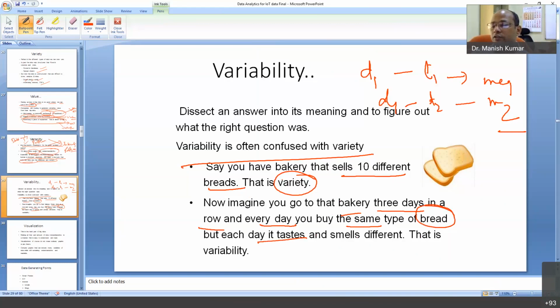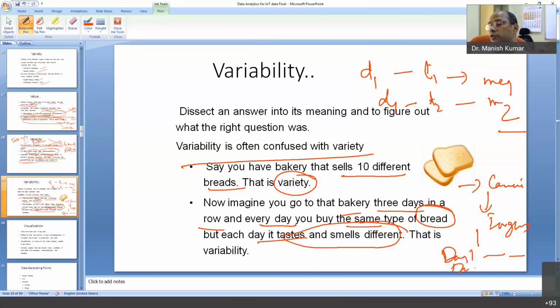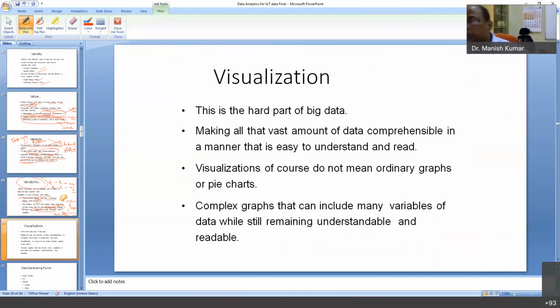Each day it tastes and smells different. That means I can say I have some sort of camera producing images, but on day one I get some interpretation, on day two a different interpretation, and on day three a different interpretation. That is what we call variability, and that is very obviously part of any sort of IoT device environment.